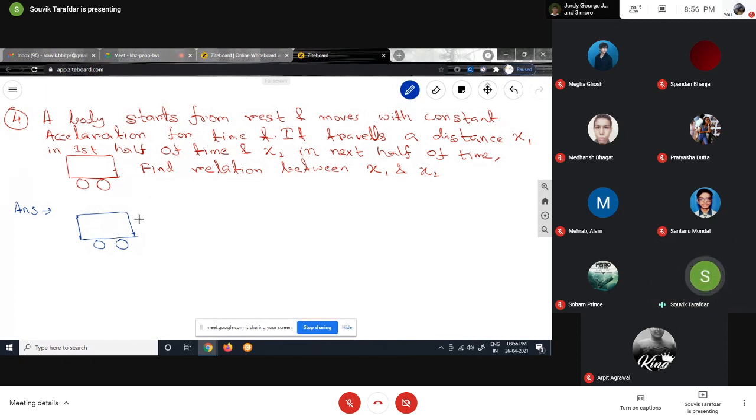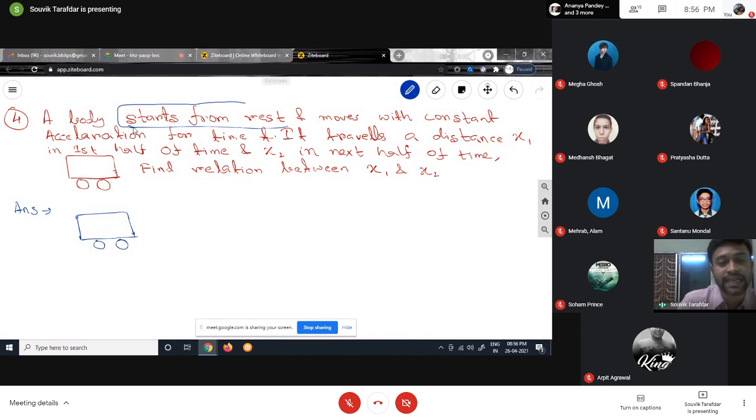Anyone can tell me, if they say a body starts from rest, what does it mean? A body is starting from rest. What does it mean, students? It means initially the velocity was 0. So while reading, you need to concentrate on these portions.